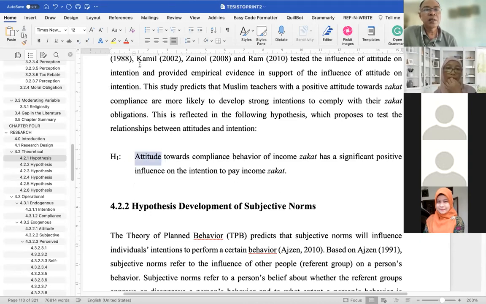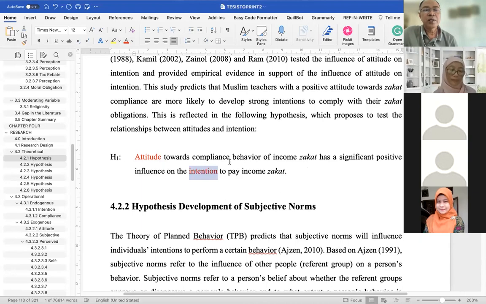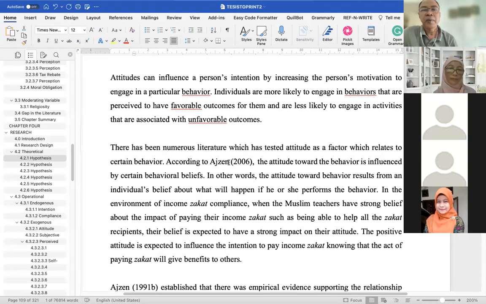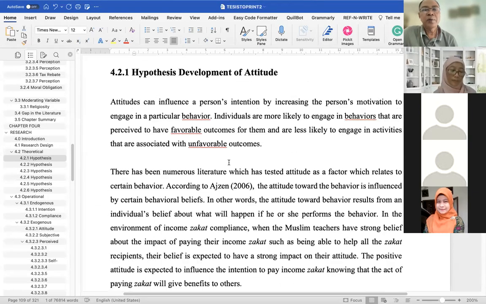So the keywords are the same, attitude and intention. But you cannot simply write your hypothesis. You need to develop it. To develop a hypothesis, you need to look at the previous studies that have used this variable in their studies.